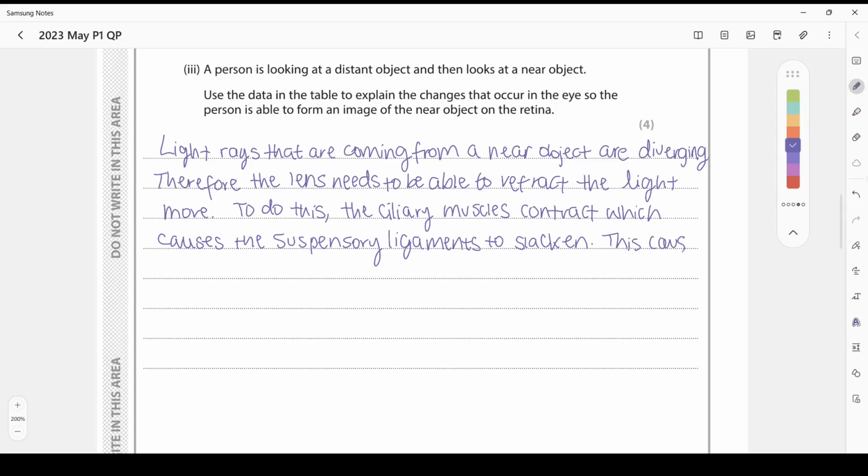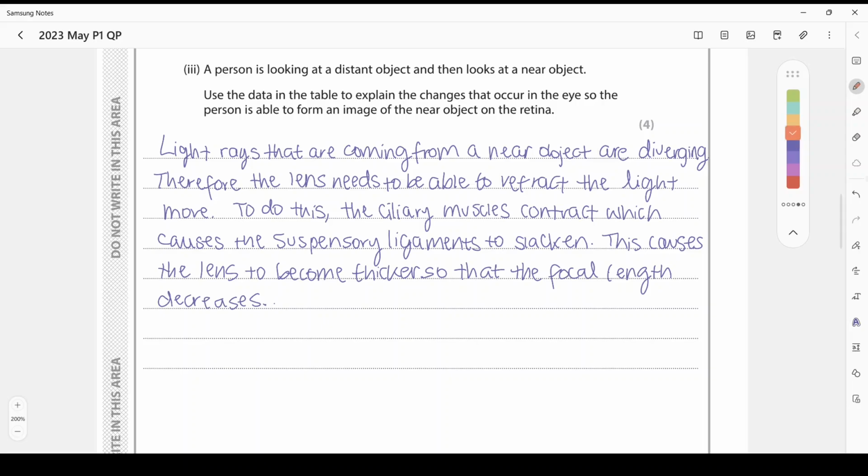This causes the lens to become thicker. So that the focal length decreases.